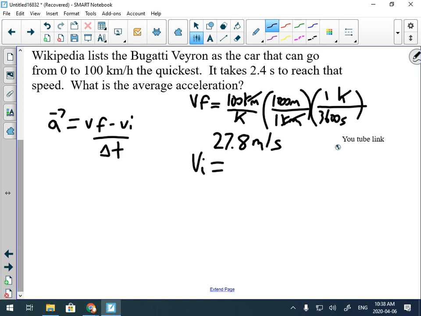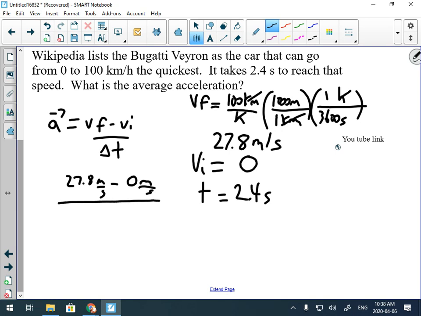Okay. Now we went from rest, so the car's not moving at all to start with, 0. So maybe this is some kind of drag race, and our time is 2.4 seconds. So let's throw the numbers in there. Our final velocity of the Bugatti is 27.8 meters per second. We have 0 meters per second because we started initially at not moving, over 2.4 seconds.